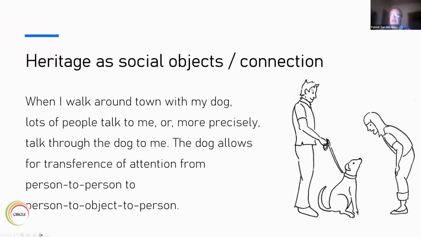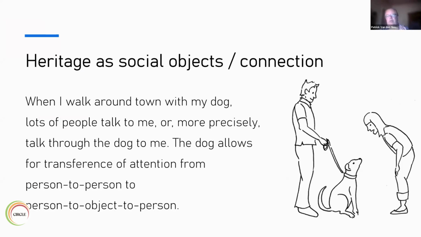And that's why I use also this image sometimes, an image of a man who is walking with a dog, and those who have a dog, I think it happened more than one time, that people are not speaking to each other directly, but they are talking through the dog to each other.